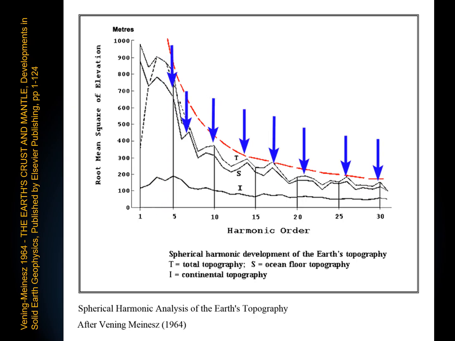The various peaks along the hyperbolic curve are important in understanding the model developed here. For instance, the peaks at 5, 7, 10, 14, 17, 21, and so forth. We will show that each of these peaks is a sectorial harmonic.